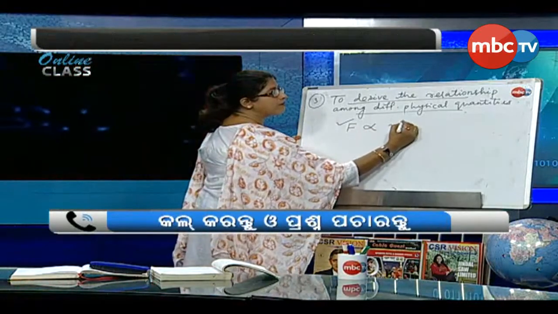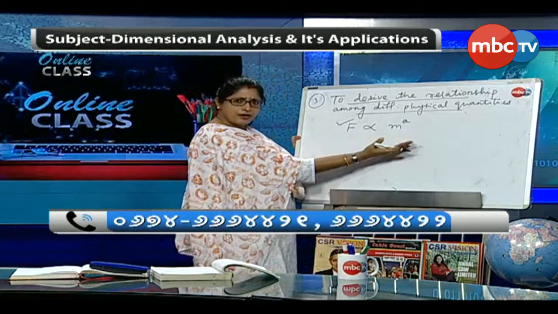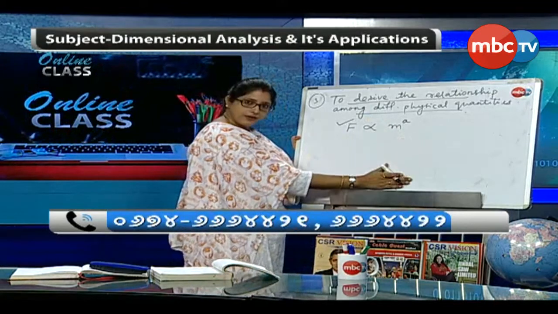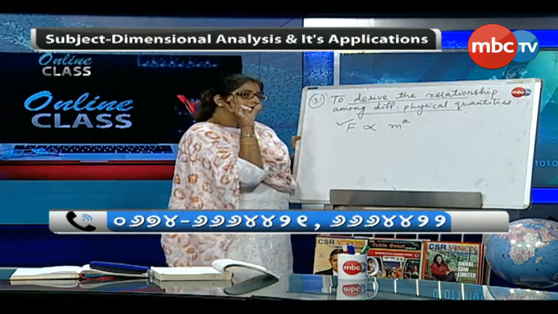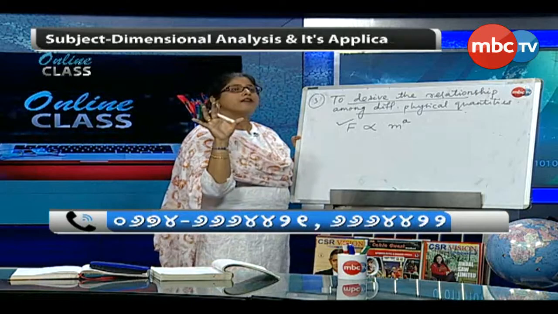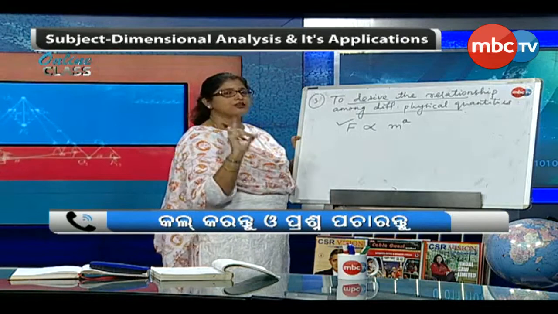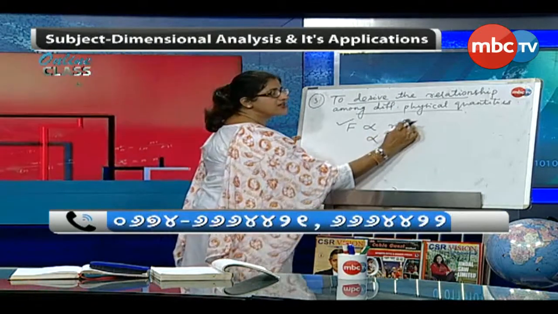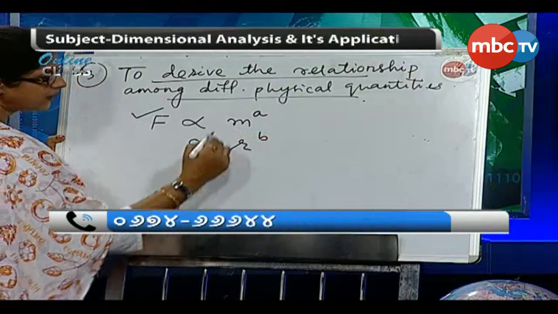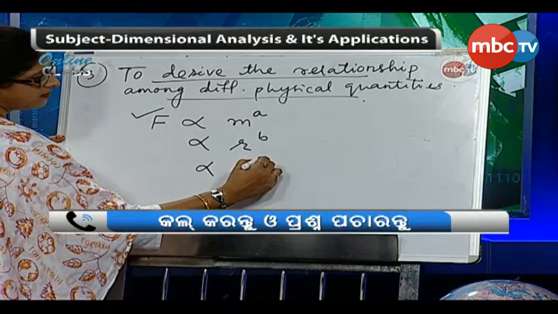After getting the value of the power, let us say m to the power a, suppose the value of a comes to 0, then it does not depend on mass. But here let us see whether it depends or not, finally we will come to know. As in the question it is given that it depends on the mass of the body, the velocity with which it is moving and the radius of the circular path, so mass raised to a, radius raised to b, and velocity raised to c.